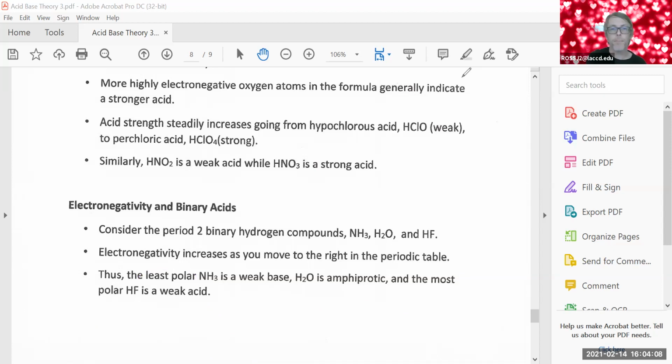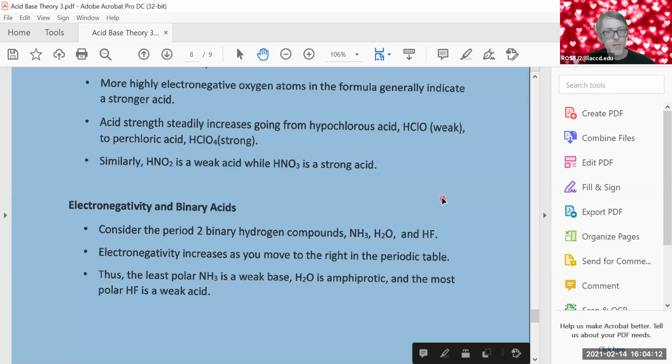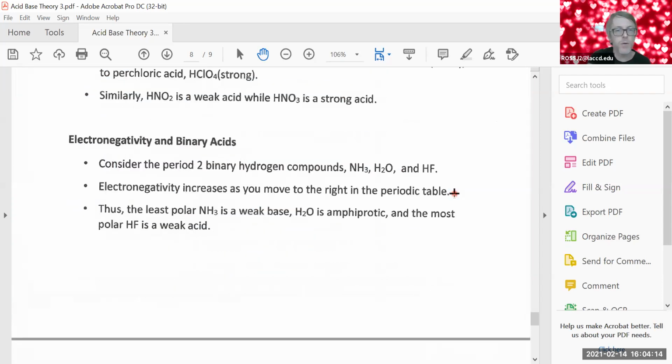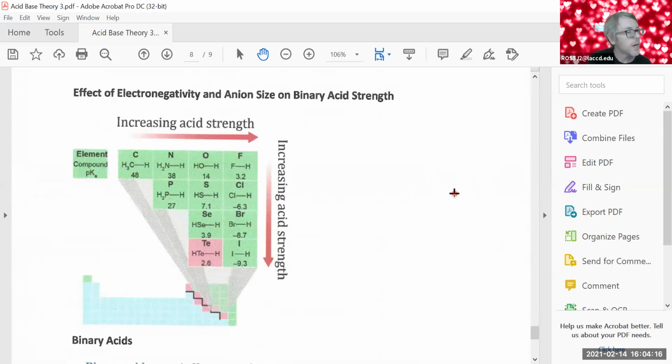Okay. And then in the final page of this video, I think this just summarizes it. So let's see, what is this? Okay, so it looks like we have plotted pKa values.